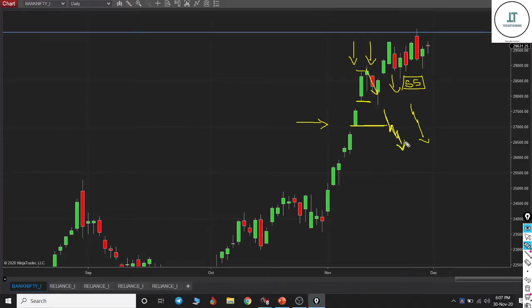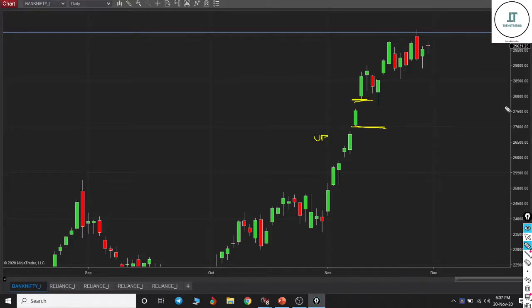I am not saying the trend has completely turned bearish. This is the low which needed to be taken out to make sure that the uptrend is getting weaker. But no, only the previous low got taken out, and look at this.